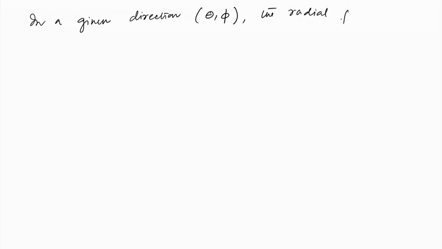So, in a given direction theta phi, the radial form is something like exponential i k r by r.